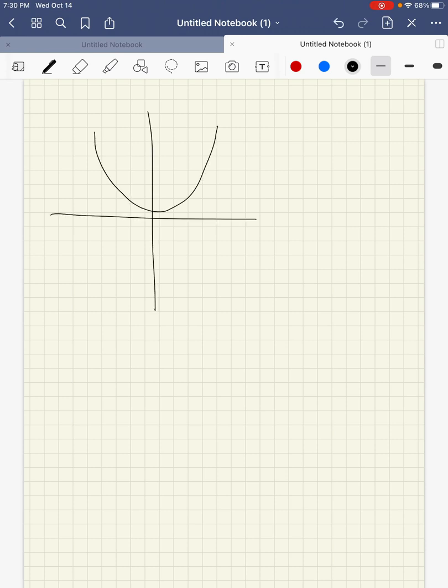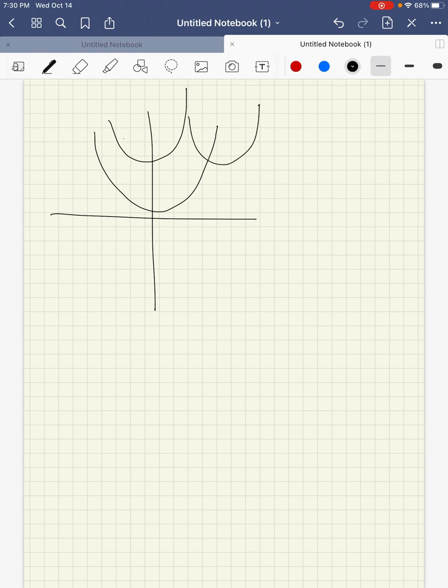So if it's a translation and I have a parabola that's here, a translation could be that it's shifted up here or it's shifted over here.